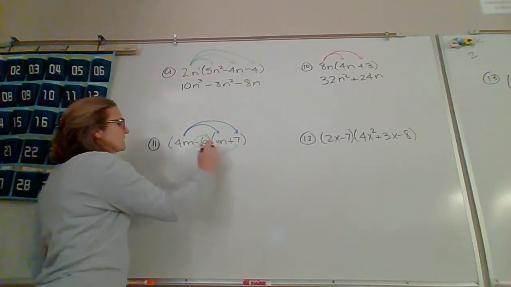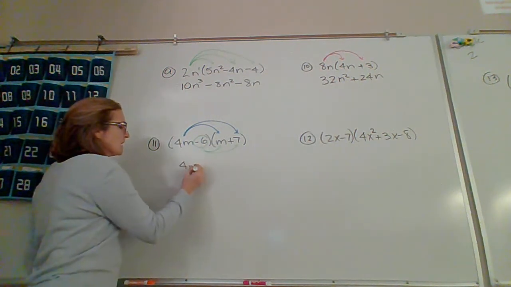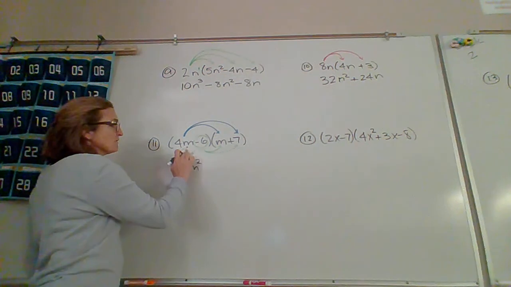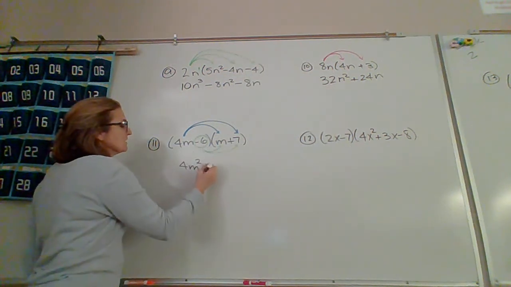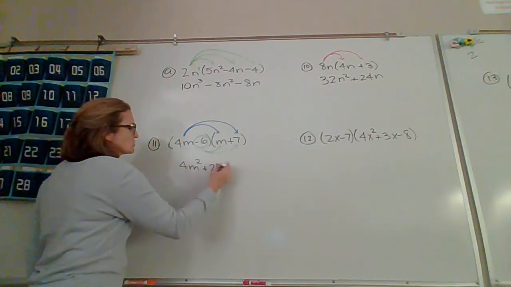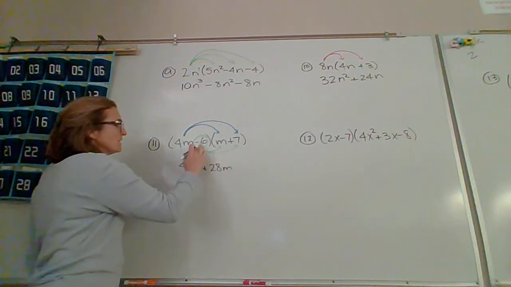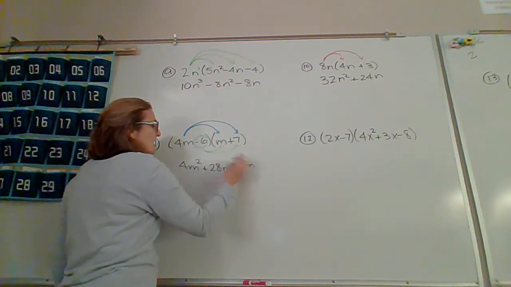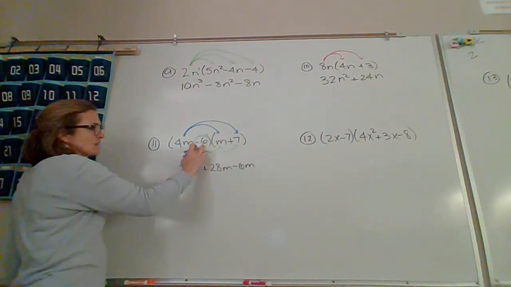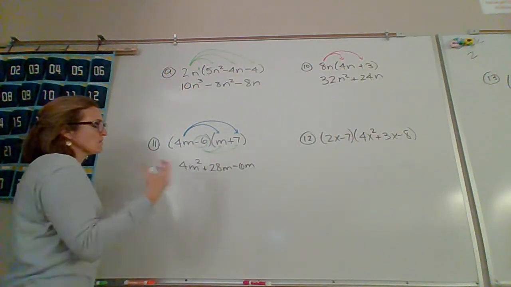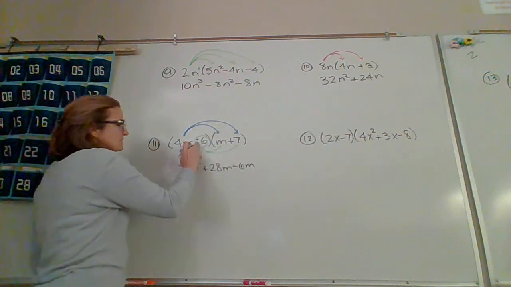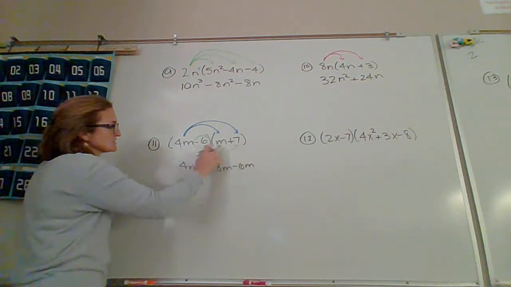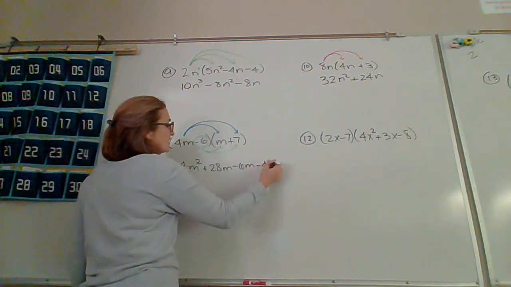So we have 4m times m gives us 4m squared, and 4m times 7 will give us 28m. Then negative 6 times m is negative 6m. Don't forget that negative sign. That's got to go, it belongs to the 6, so multiply right along with the negative and the 6. All right, and then negative 6 times 7 is negative 42.